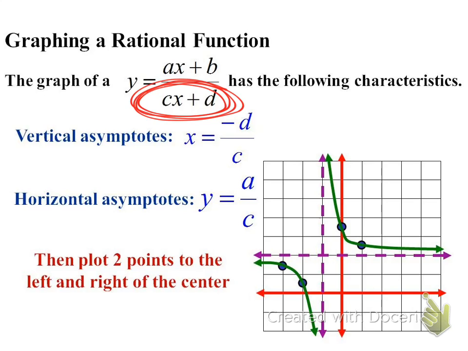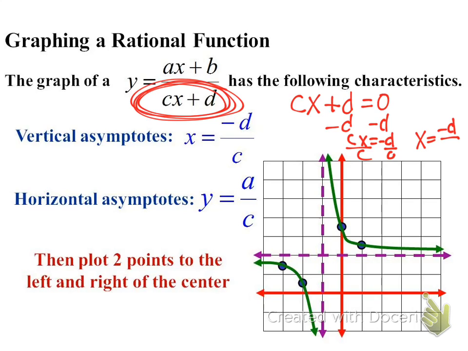So if you set Cx plus D equal to 0, you'd subtract D from both sides, and then you would divide by C. So if you want to use the shortcut of negative D over C, that's fine, or you can just solve by setting it equal to 0 each time. Any questions on the vertical asymptote?